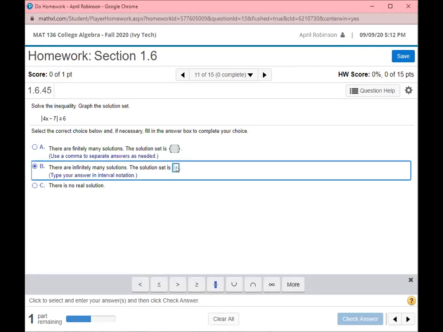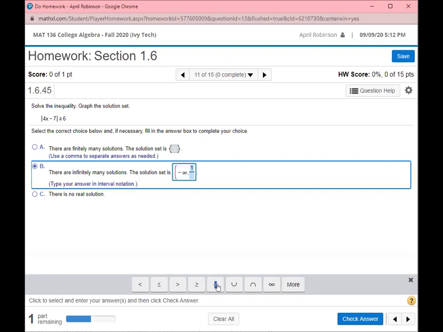Type that in. Okay, as soon as I hit my box, do you see the little union symbol popped up down here? And so for me, it's going to be parenthesis, negative infinity, comma, 1/4, put in the fraction button, 1/4, scroll over. It's an equal to, so I need a bracket, which I have on my computer.